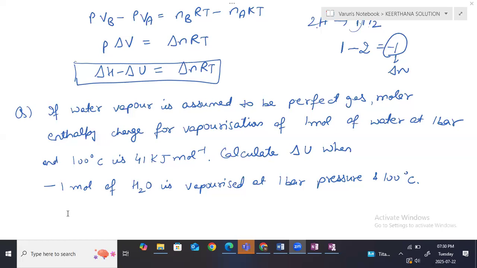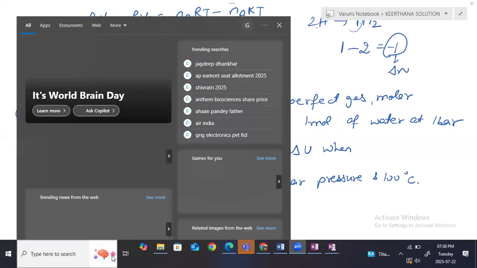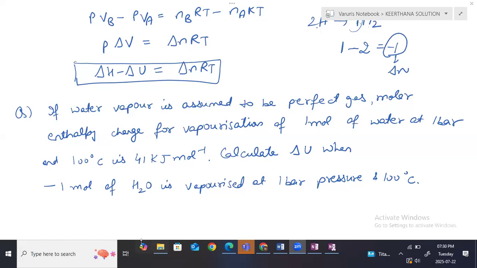Ma'am, is it minus 790? What's your answer, Kirtana? Minus 790? How do you do that? Delta H minus delta U is equal to delta n RT. So delta H has been given to you, that is 41.